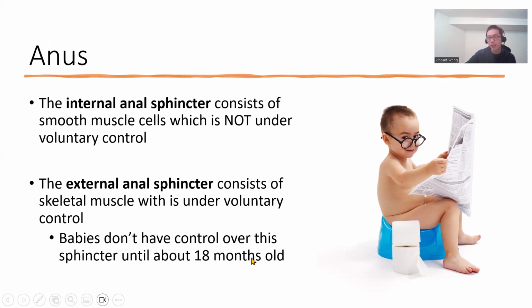So toilet training too early might not yield the desirable outcome because they physically do not have the neuronal connection to control it. You need to have the descending pathway, right, with the myelination and everything, to have that physical connection before you can control it. So most studies agree that it has to be 18 months and older before voluntary control is possible.